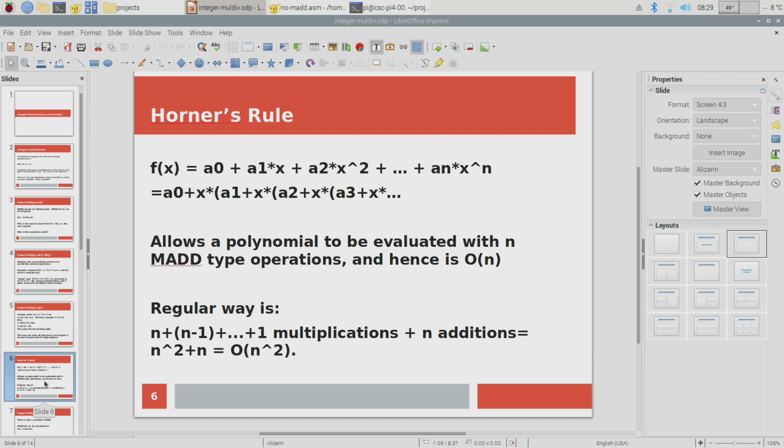So if you have a polynomial of the form a naught plus a1x plus a2x squared plus dot dot dot plus a n x to the n, then you can think about evaluating it in this recursive manner: a naught plus x times (a1 plus x times (a2 plus x times (and so on, however deep you got to go))). And that looks like a bunch of fused multiply adds to me. And that's kind of nice.